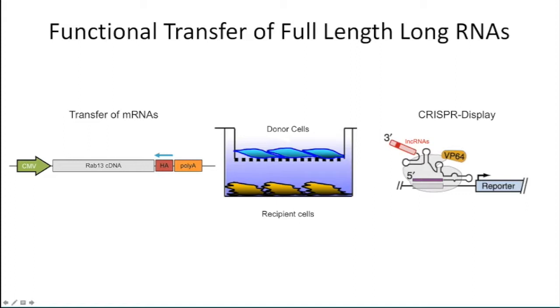The recipient cells are not expressing a tagged version, so when we do the assay, can we show whether Rab13 messenger RNA transfers from the donor cells to the recipient cell. And then I'll also show you how we're using a novel application of a CRISPR display technique that John Wren's lab devised as a tool to try to track other non-coding RNAs that may be trafficking.